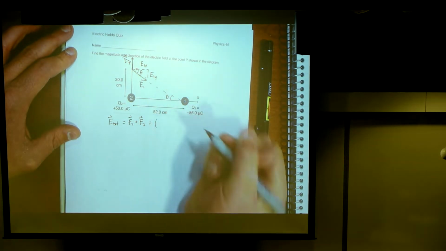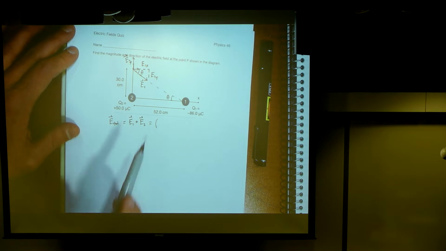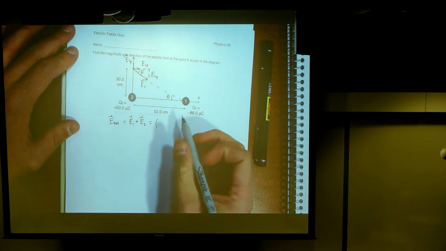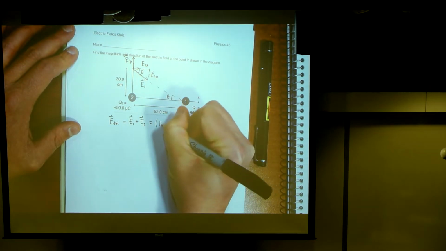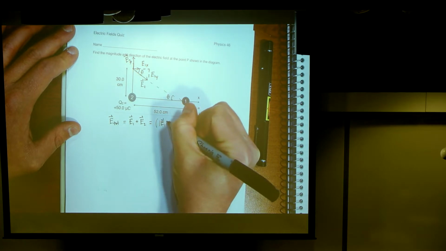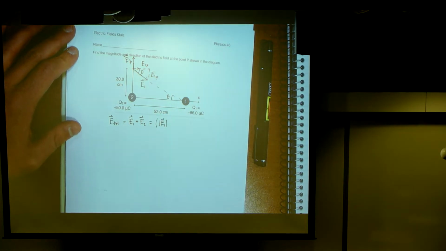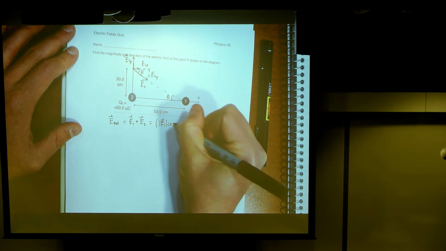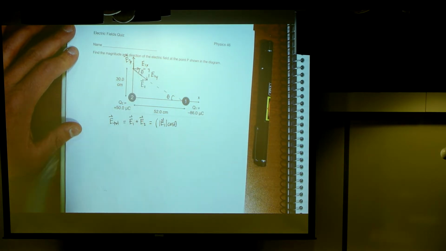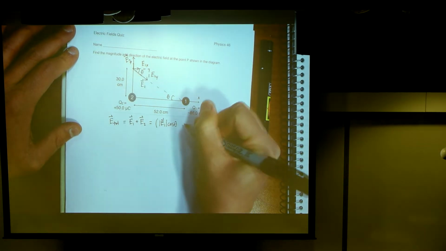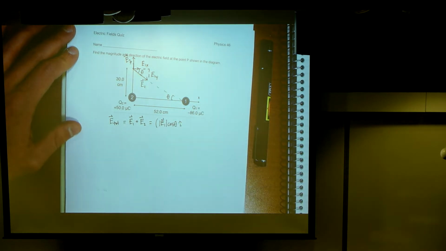Let's write E1 in XY component form. So I will take, for the X component, the magnitude of E1 times what? Cosine of theta. That will pick out the X component of this vector. And then that is accompanied by the I hat unit vector to denote the X component.